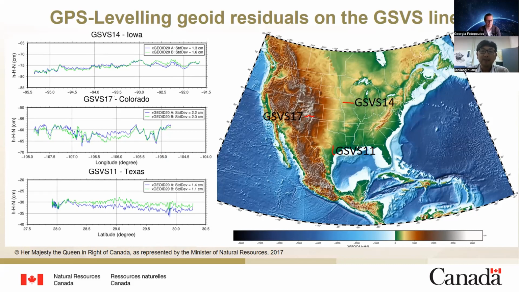In the GPS leveling test, the standard deviation ranges from 1 centimeter to 2 centimeters. This result gives us an optimistic view, suggesting that in areas with good gravity data and DEM, it is possible to achieve an accuracy of 1 to 2 centimeters. That's the target of the future North American geoid model or vertical datum.